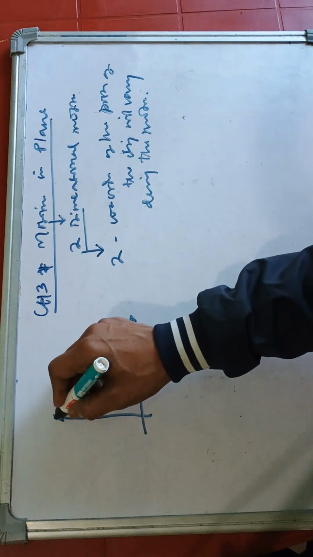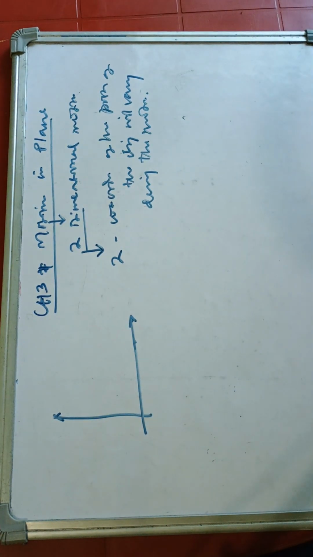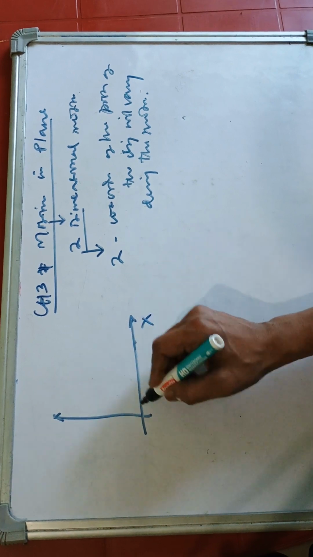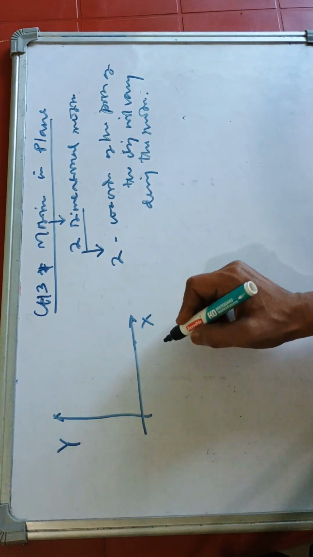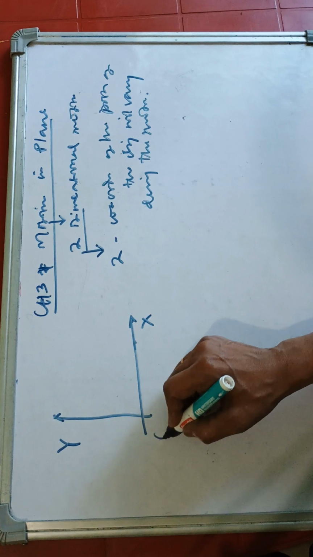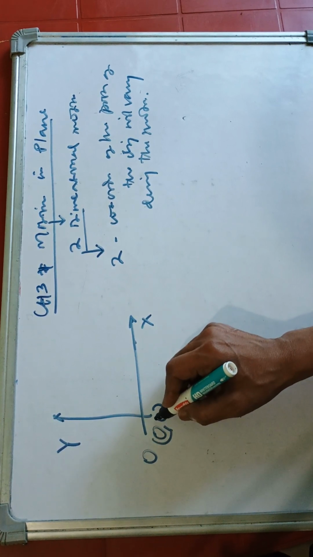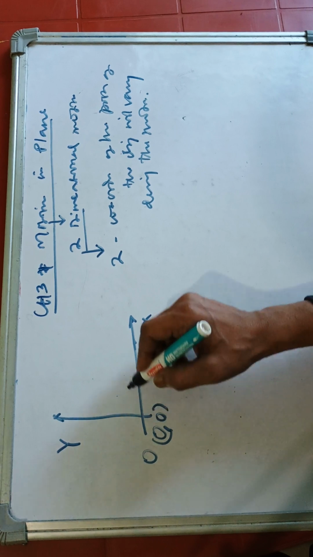And each position during the motion will be represented by two coordinates, let it be the x and y axis, and the origin is represented by O, that is 0 and 0.